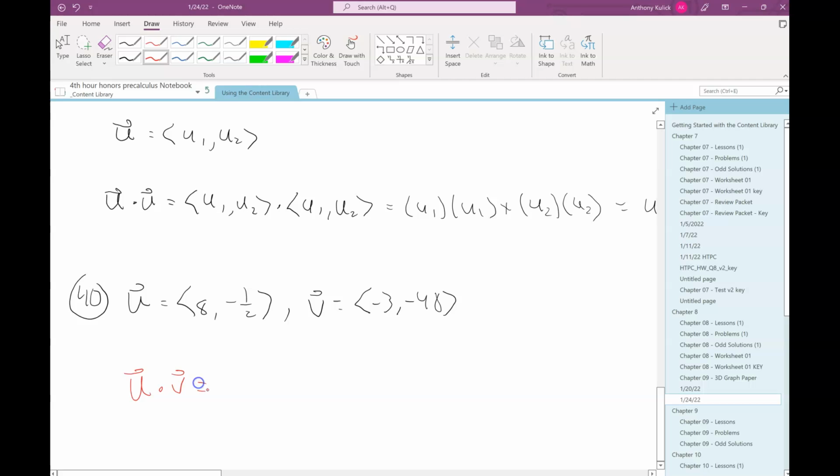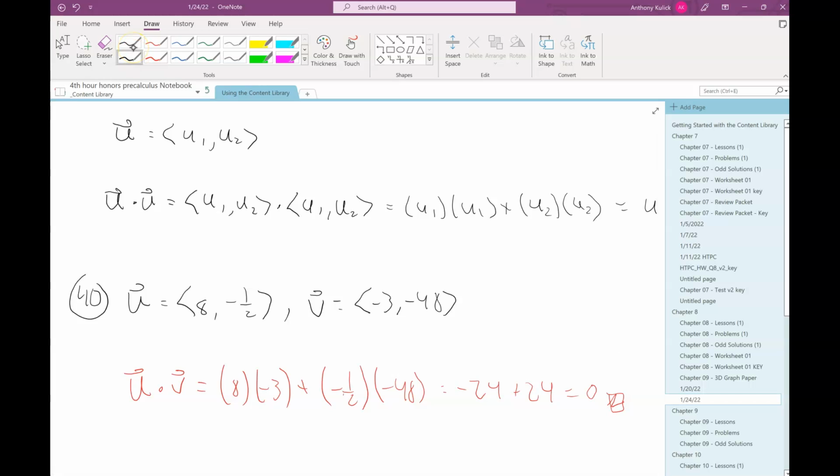So we have 8 times -3 plus negative a half times negative 48, which is negative 24 plus 24, which is 0. That's all we need. Actually, one of the easiest questions that we had.